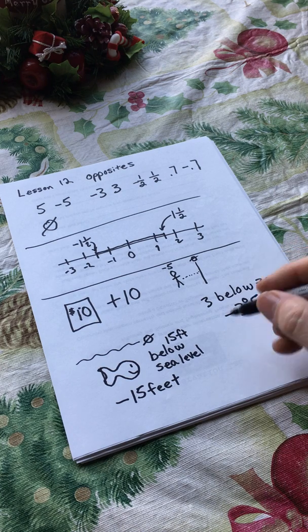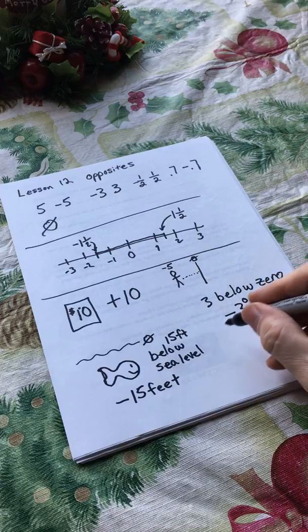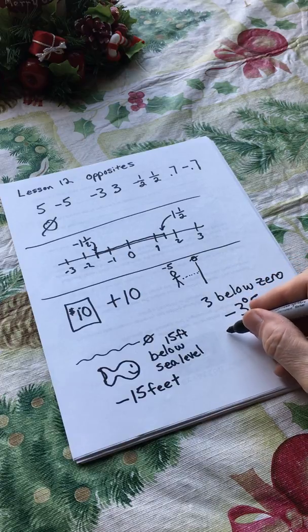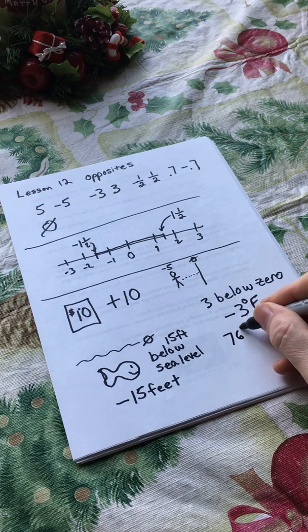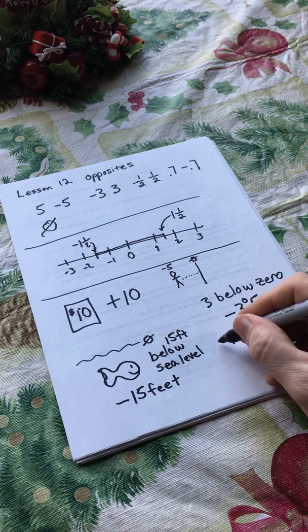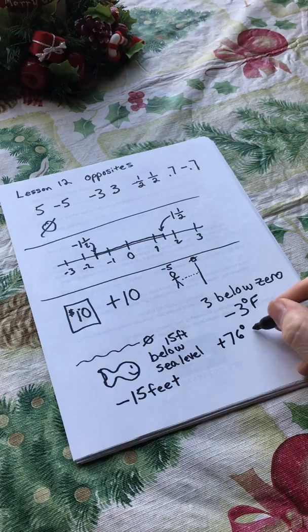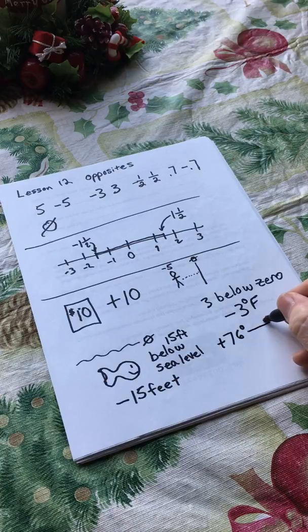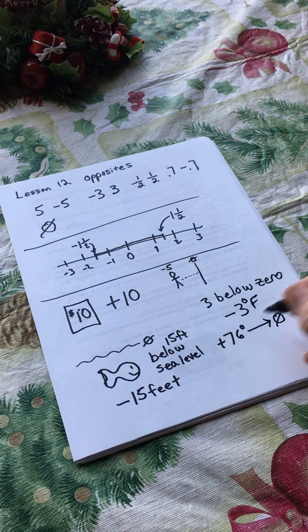And normally when we're talking about temperatures, oh man, it was 76 degrees yesterday in Florida. Well, that's going to be a positive 76 degrees because it is 76 degrees all the way down to 0. So you remember we're measuring the distance from 0.